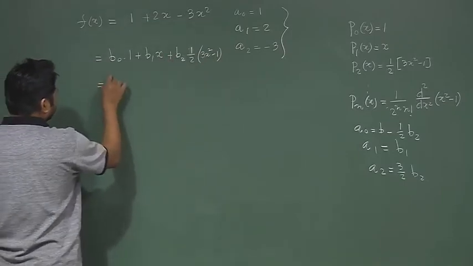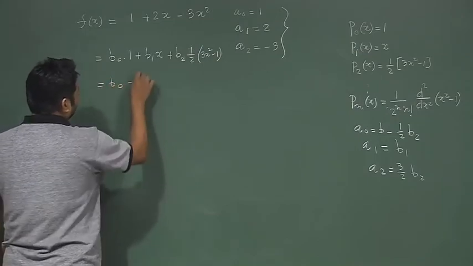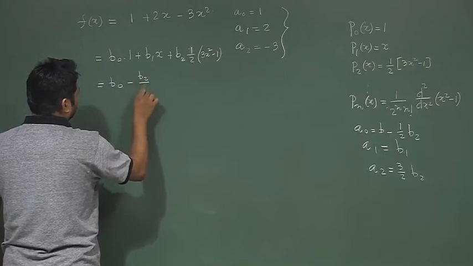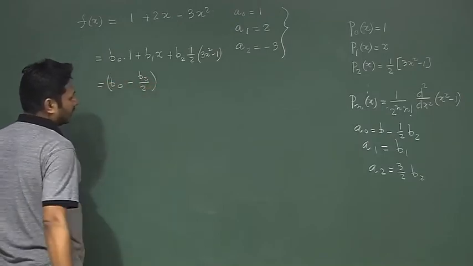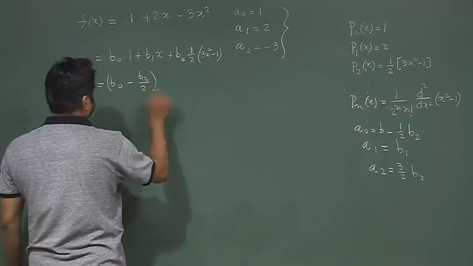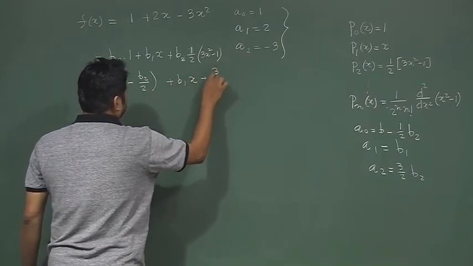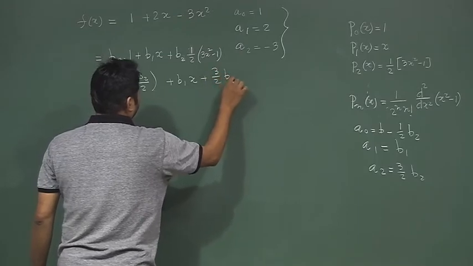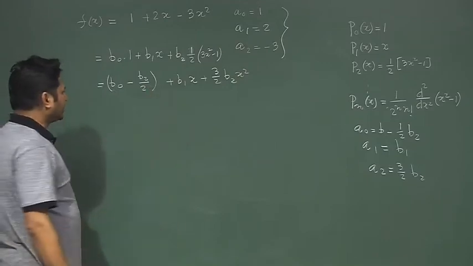Then quickly, b0 minus b2 by 2 is here, plus b1 is here, plus 3 by 2 b2 x square is here. Exactly the same way I did just a few minutes ago.